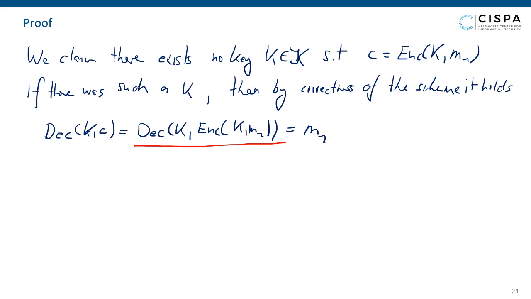But that means we can decrypt C to M1, and that means M1 is in the set S. But this contradicts, of course, the property of M1 that it is not in the set S, that it is in M without S. Okay, consequently, the statement follows.